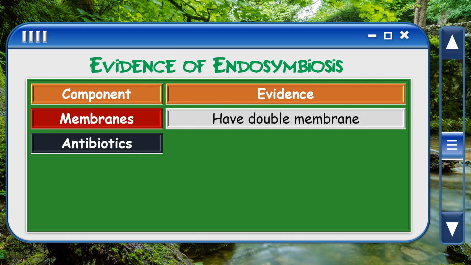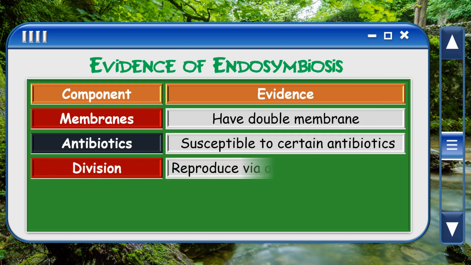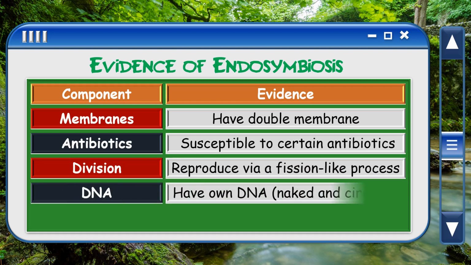In terms of antibiotics, they are susceptible to certain antibiotics. When it comes to division, they reproduce via a fission-like process. DNA: they have their own DNA, a naked and circular DNA.